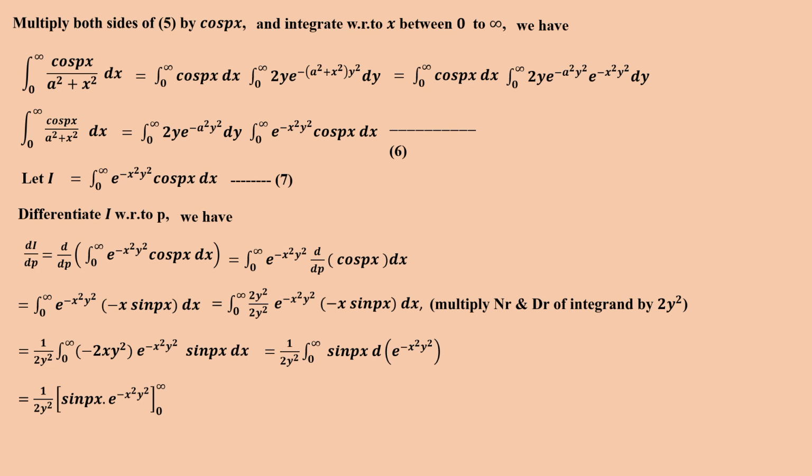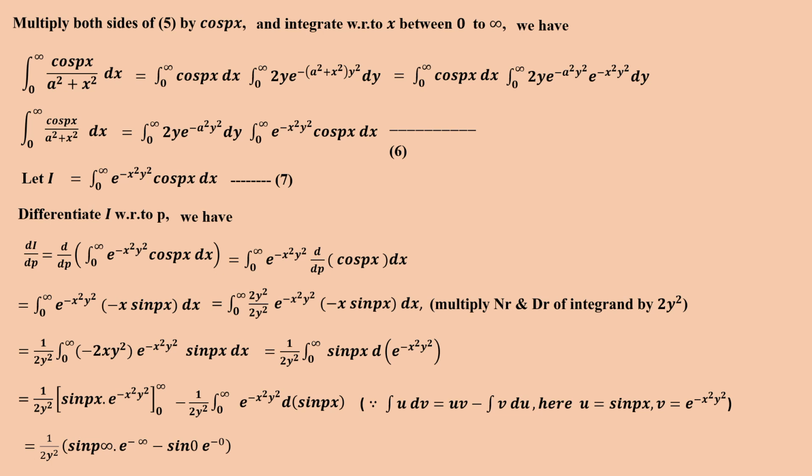Now we are going to use the integral u dv formula, uv minus integral v du. 1 by 2y square uv, here u is sin px and v is e power minus x square y square, so uv is sin px e power minus x square y square, lower limit 0, upper limit infinity, minus 1 by 2y square integral v du, where v is e power minus x square y square and du is the derivative of u, which is sin px.